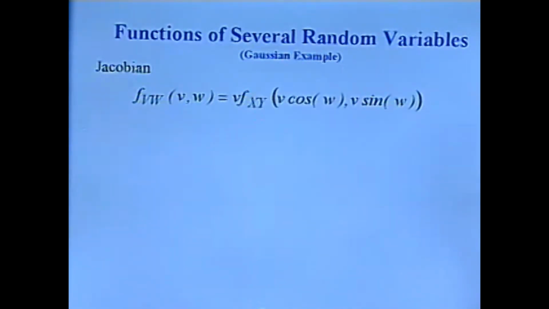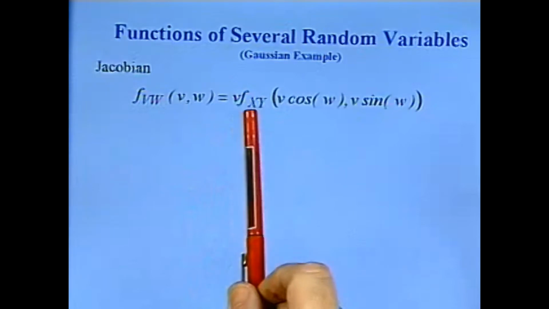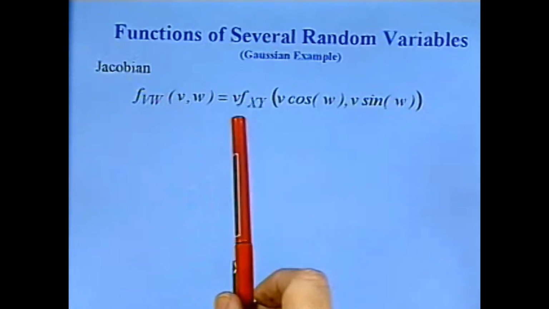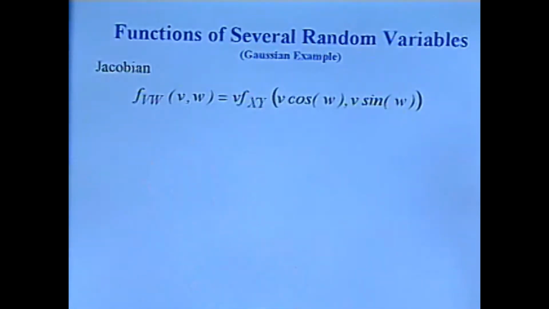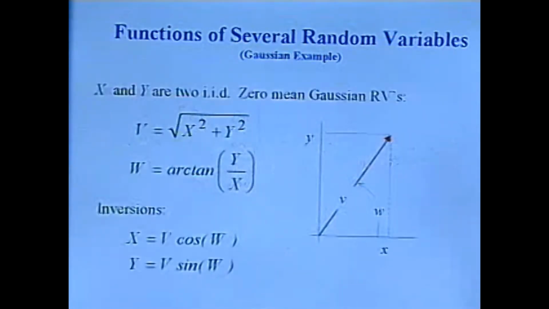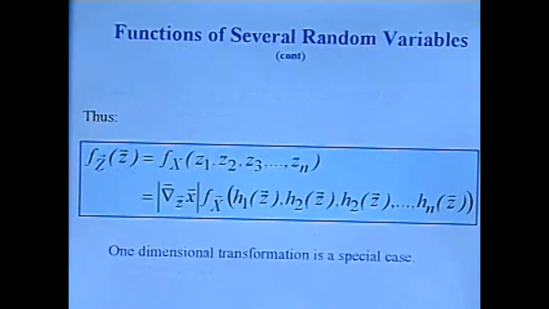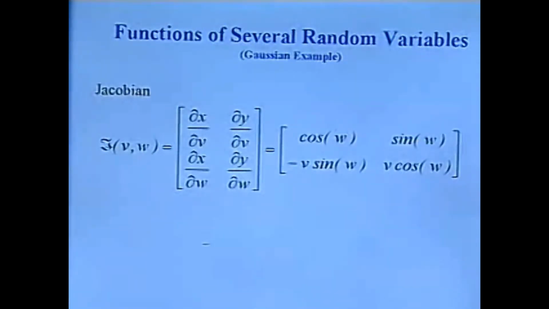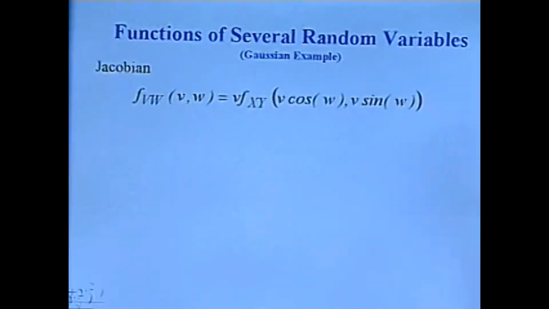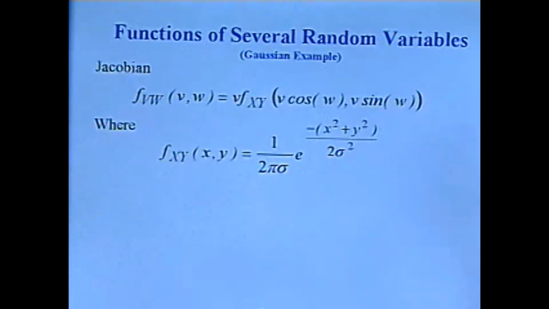And I simply have to write down now my expression for a joint Gaussian random variable, which are independent, which means that the correlation coefficient is equal to 0. So here is the joint density. This should be a sigma squared here, clearly. It should be a sigma squared instead of just sigma.